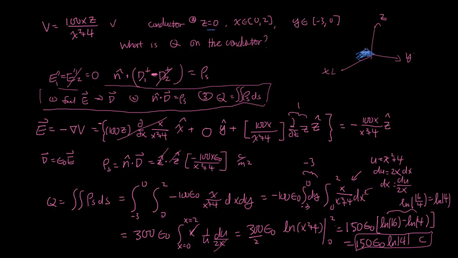And you can use the boundary condition in the case of a conductor to find the surface charge density. That could be the end result that you're looking for, or it could also allow you to find the total charge. But either way, you can go from potential to charge on a conductor by applying the boundary condition trick.